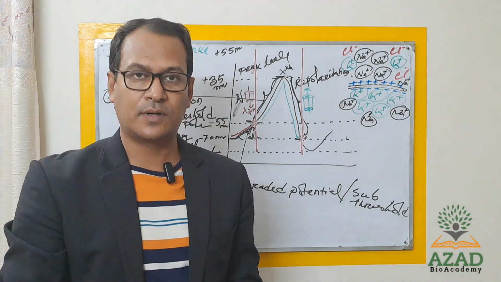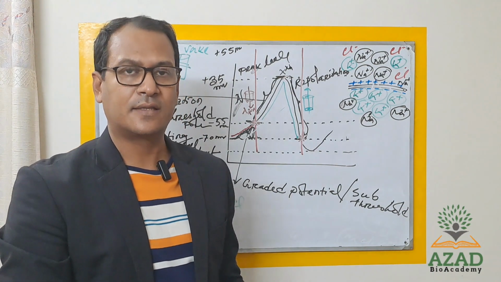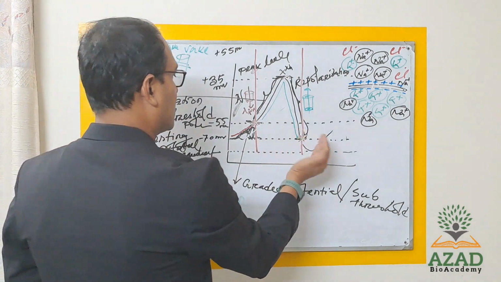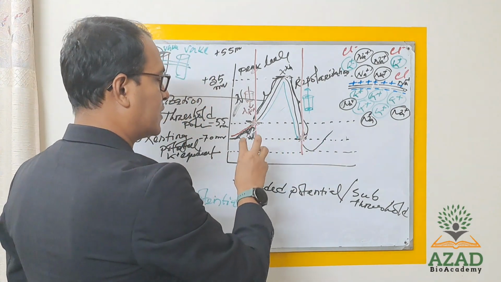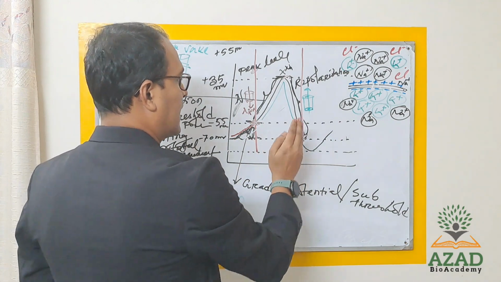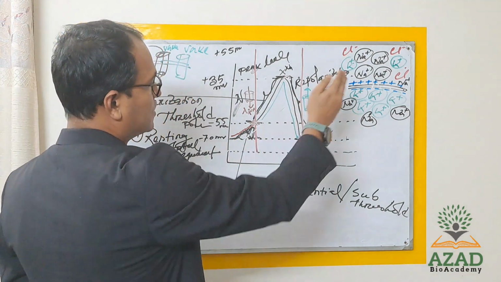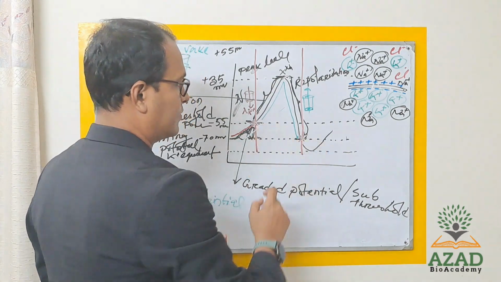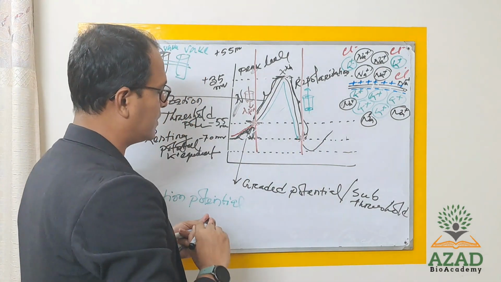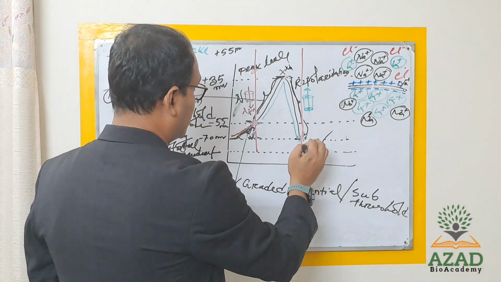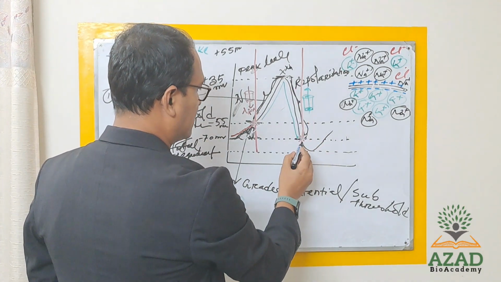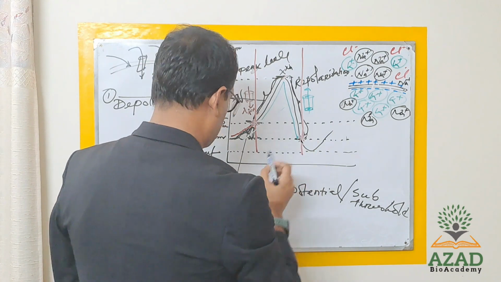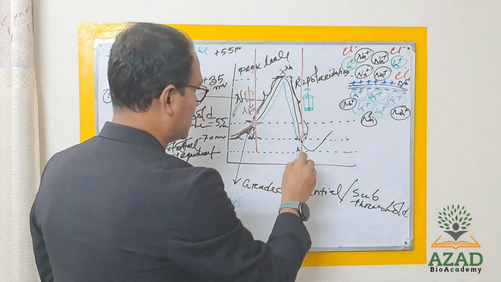That is called hyperpolarization, and this is very important because it will prevent the backward potential, and it will also maintain the accuracy of the action potential towards the next one. Okay, so this is the hyperpolarization. Hyperpolarization means when your electrical potential change happens below the resting membrane potential.